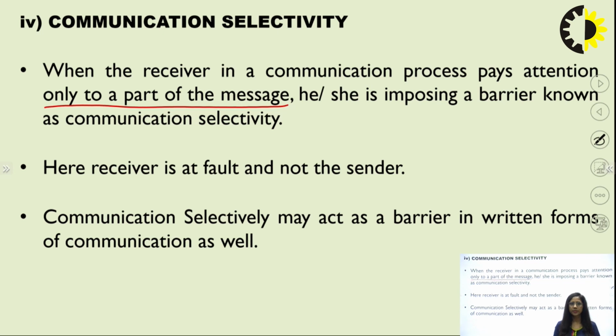In such a situation, the sender is not at fault. Here, it is the receiver who breaks the flow of communication. Communication selectivity may act as a barrier in written forms of communication as well. While reading any document, if you read only the parts you consider useful, you are posing this barrier.